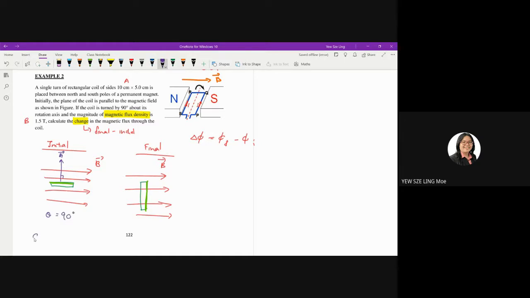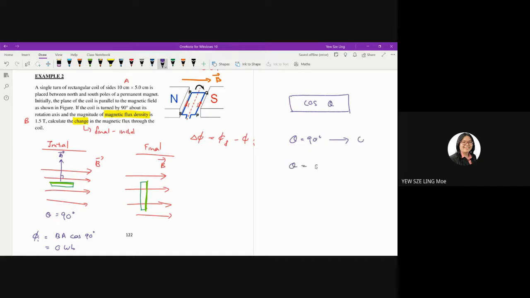So your phi initial is equal to BA cos 90 degrees. Cos 90, you don't even have to calculate it. It is equal to 0 Weber. Remember, when you have a cos function, if the angle is 90 degrees, then it gives you 0.